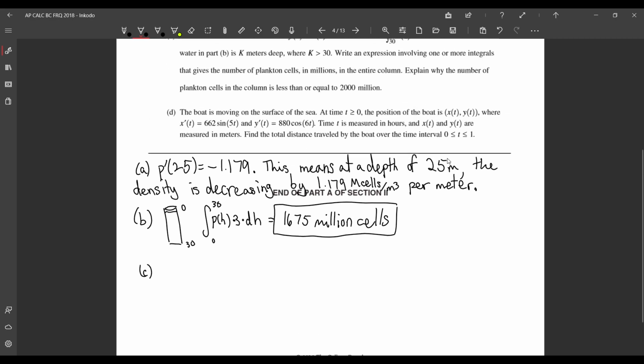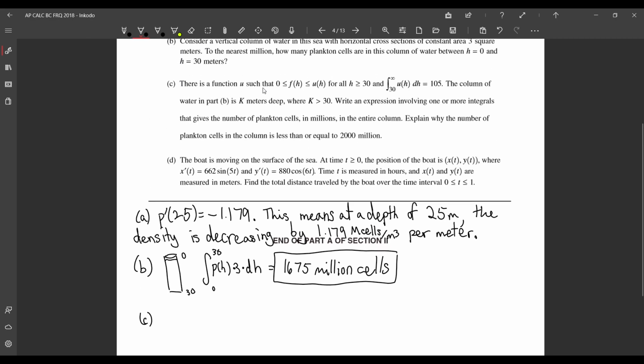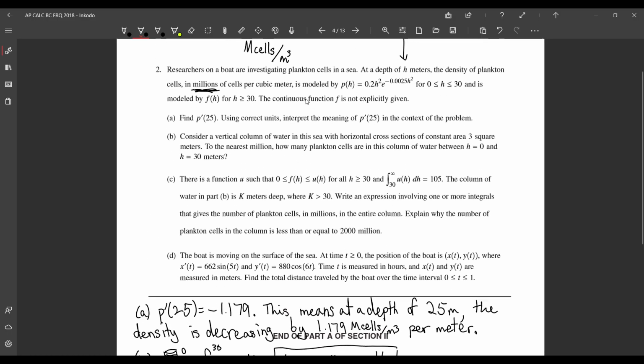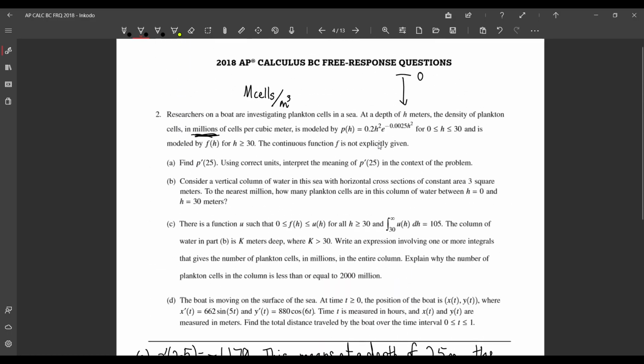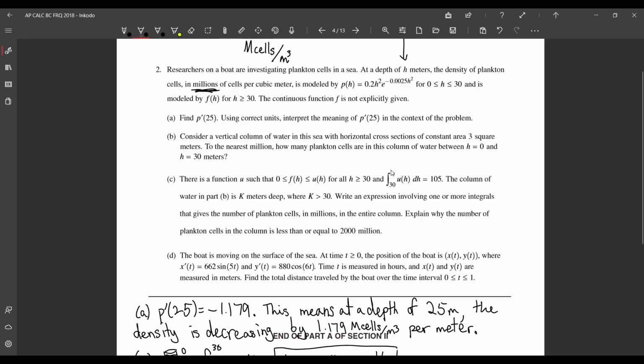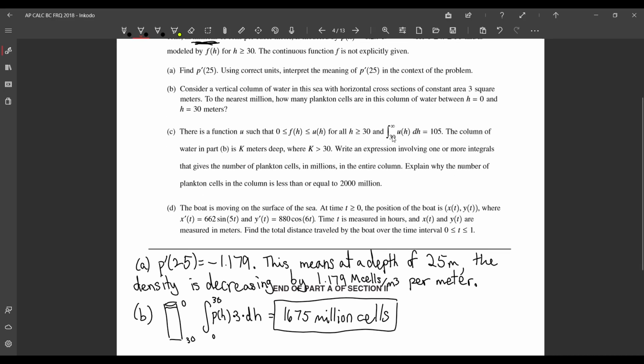All right, on to part C. Okay, so there is a function u such that f is bounded between 0 and u. So f is the density past 30 meters, and the integral of u of h from 30 to infinity is 105.